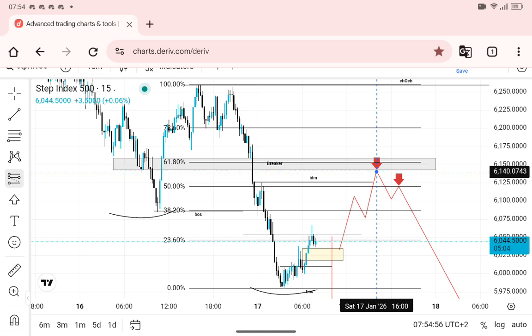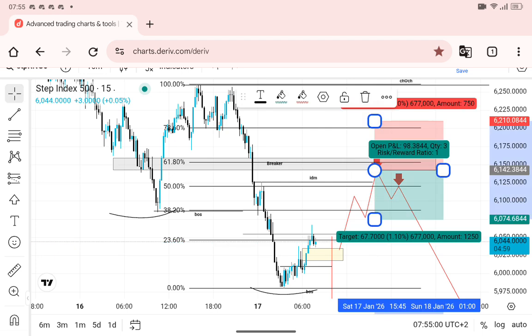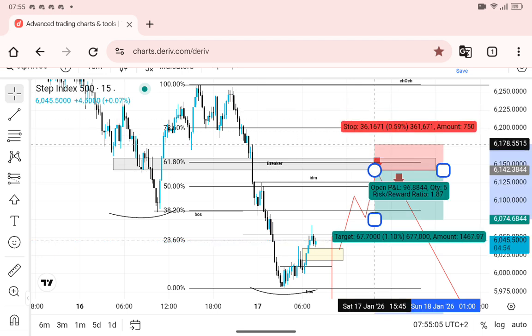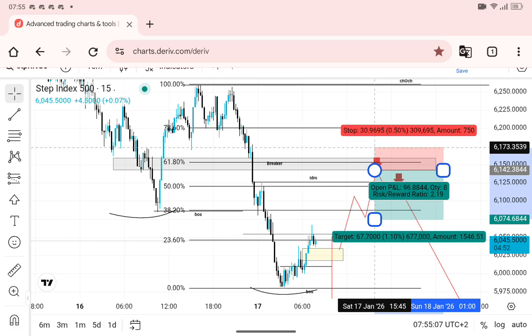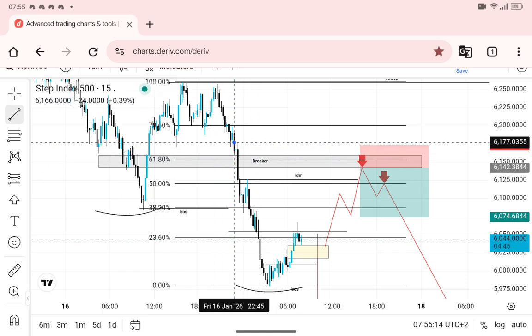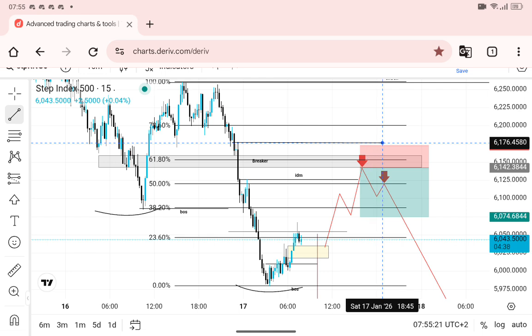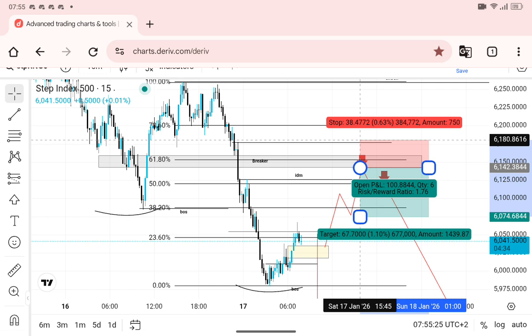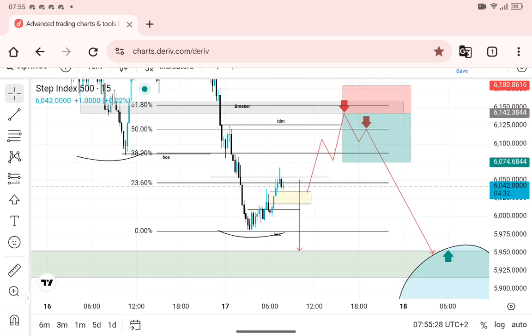obviously I'll be risking 0.50%. You can see that 0.50 is around here, so I can even put it, because still I'll be risking less than 1% of my account, right? So I can even put it 3 pips, which is like 0.63.